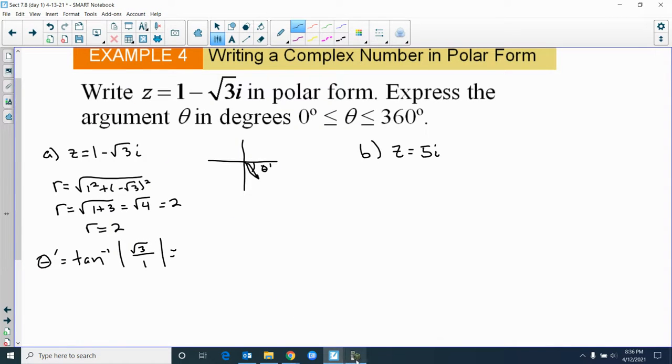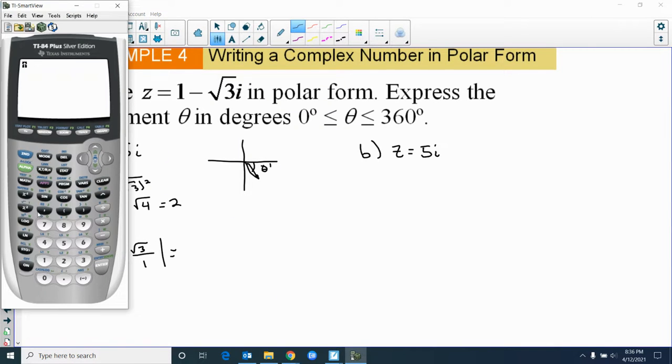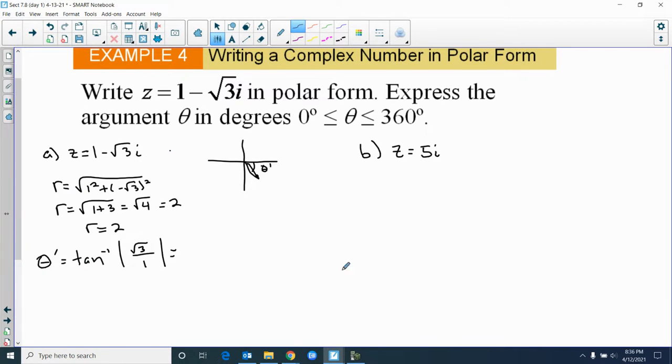Inverse tangent of square root of 3, and you get 60 degrees.